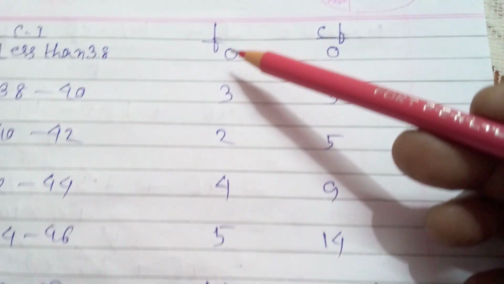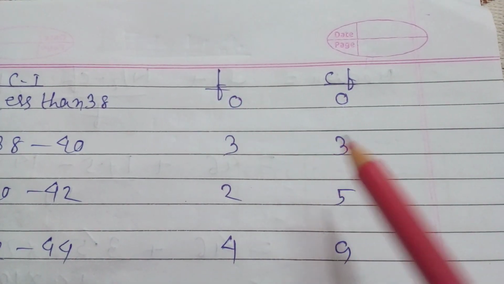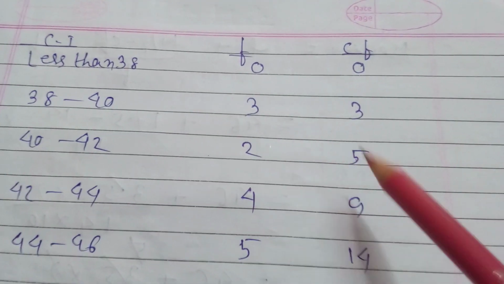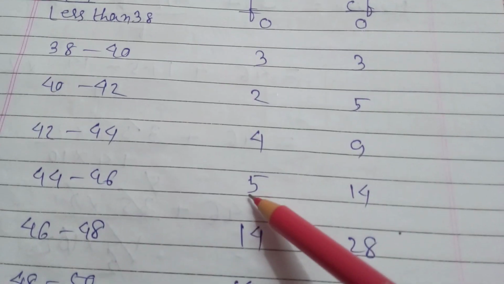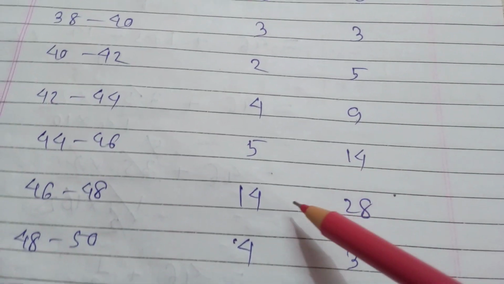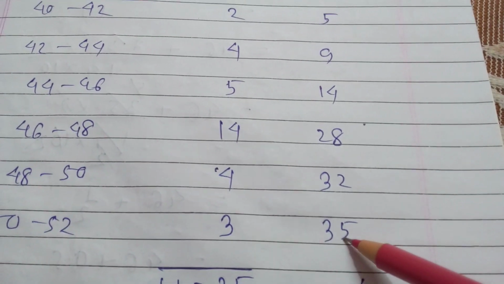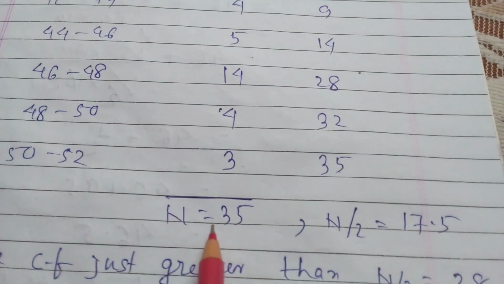Now you take out the frequency. So first is 0, then 3 minus 0, 3, 5 minus 3, 2, 9 minus 5, 4, 14 minus 9, 5, 28 minus 14, 14, 32 minus 28, 4, 35 minus 32, 3. So this is n, the sum of the frequencies.